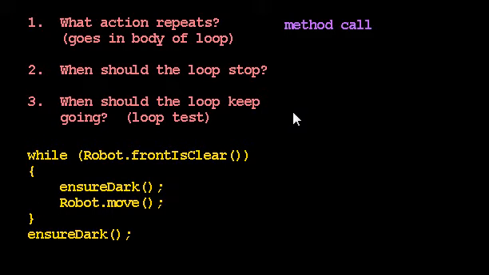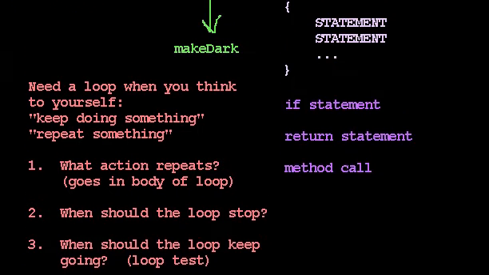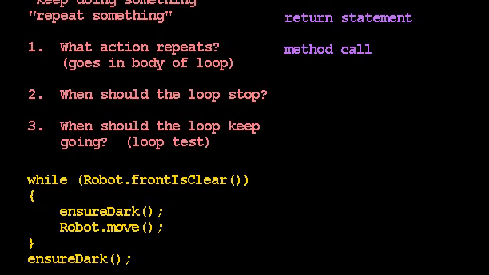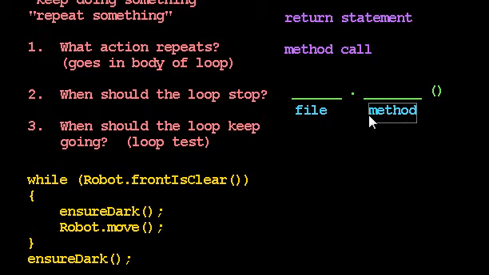So the rule is, remember we have 4 kinds of statements so far: while loops, ifs, returns, and method calls. Let's take a closer look at those method calls. That's where we write something dot something and some parentheses, such as robot.frontIsClear or robot.move or lesson.ensureDark, where the first part is the file name and the second part is the method name.